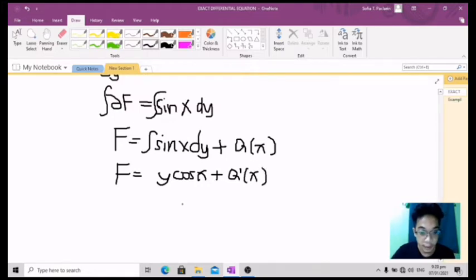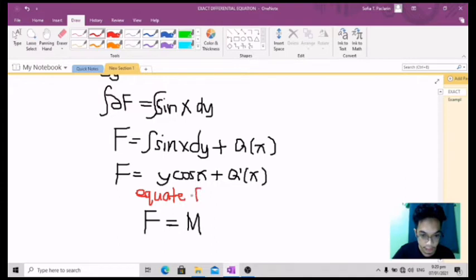So we can now equate the solution f to the other term m. F is equals to m. Equate f to m.